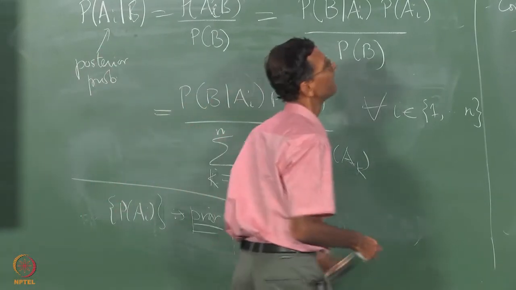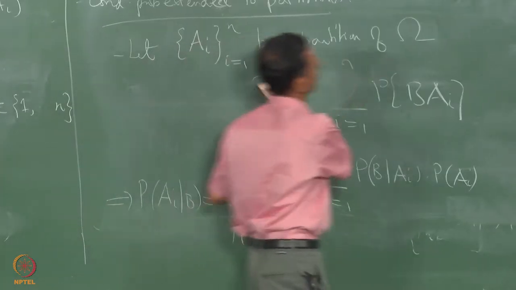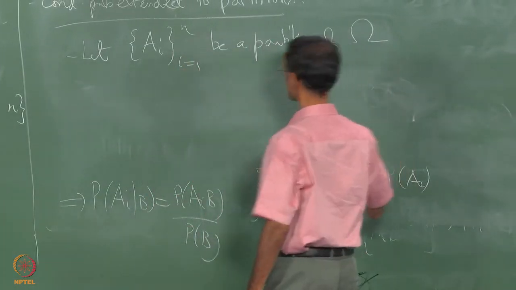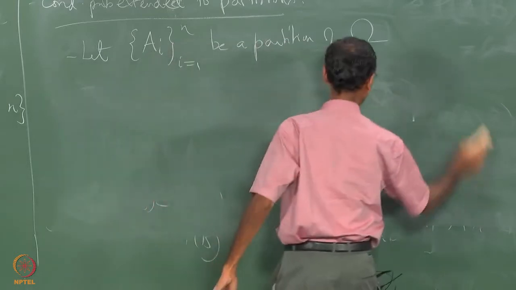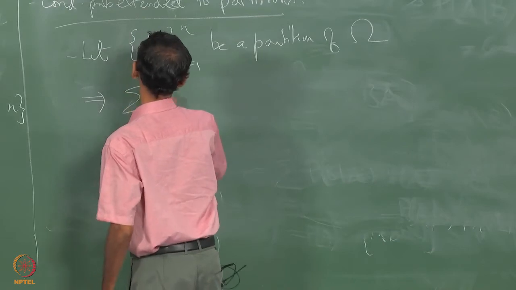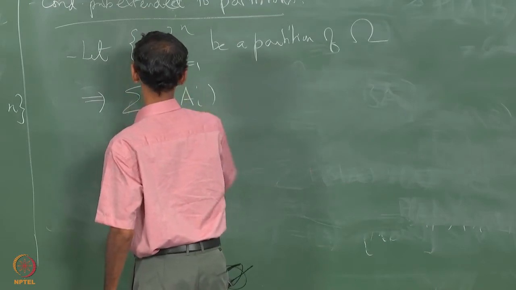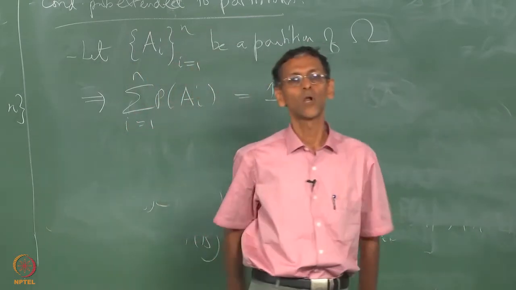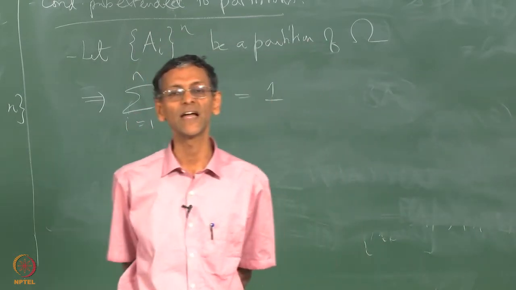If A_i is a partition of omega, this implies of course that the sum of P(A_i), the prior probabilities, adds up to 1, there is no question about it. What about the posterior probabilities, P(A_i given B)?